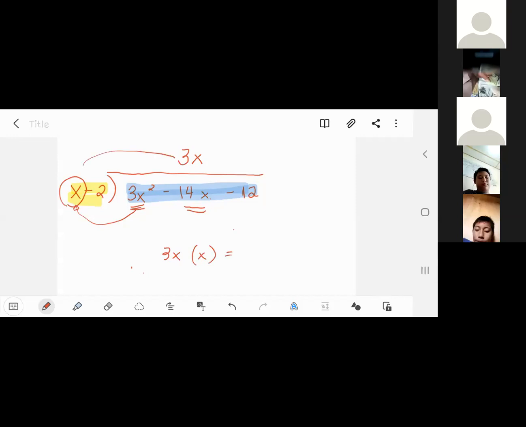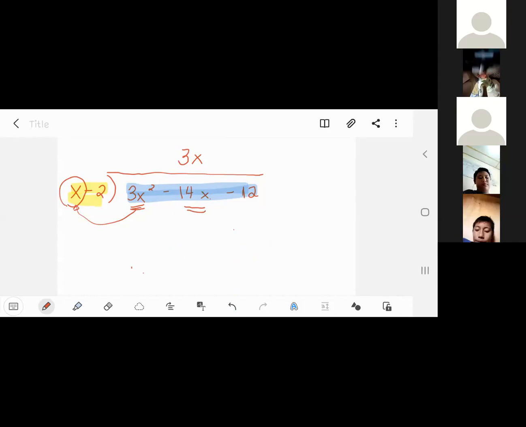Now, 3x times x. Okay? 3x times x. 3 times 1, that is 3. X times x, you add the what? You add the exponent, right? So 1 plus 1, that is 2. So x squared.